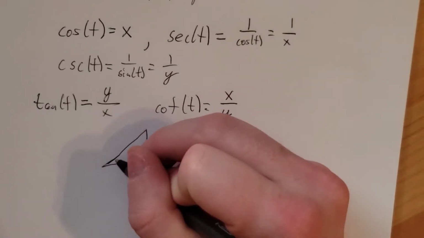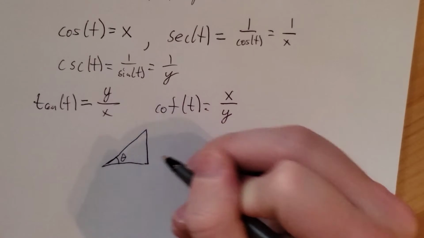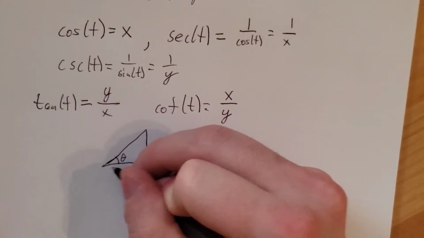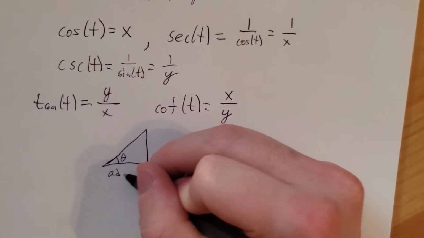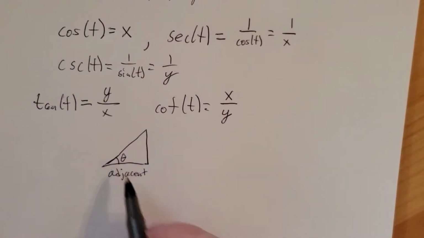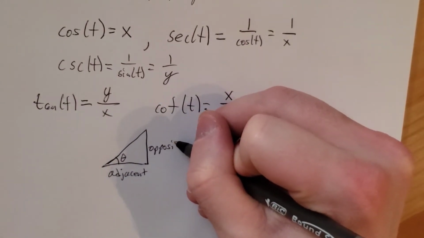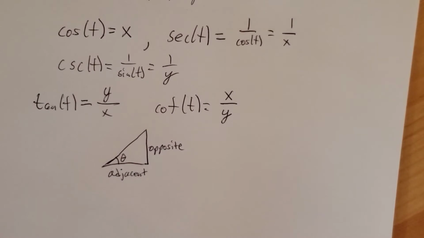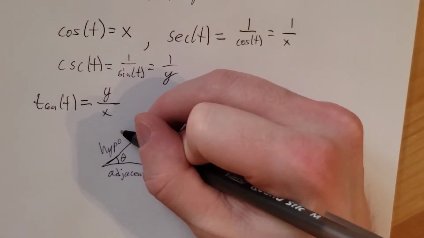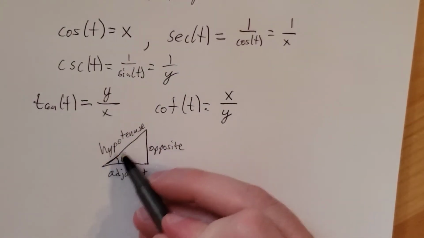So, if we define some angle here, which maybe now I'll call theta, it doesn't matter whether we call it theta or t. This side is the adjacent side, i.e. it is adjacent to this angle. This is the opposite side. And we have our hypotenuse here.